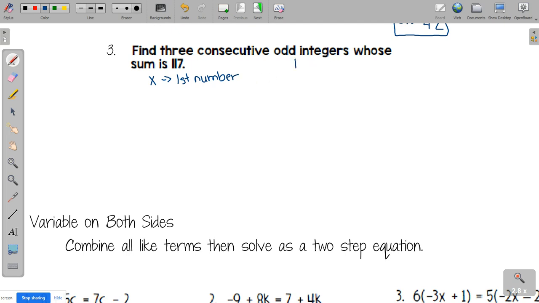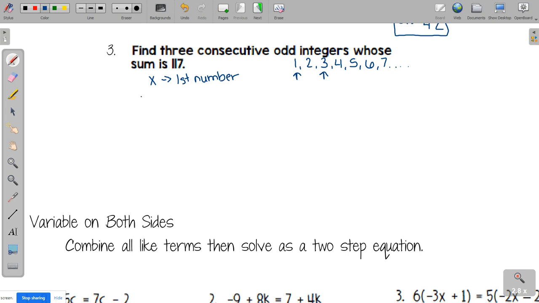So, if we have numbers 1, 2, 3, 4, 5, 6, 7, and it's continuing on. So if we start with 1, the next odd number is 3. So to get there, we start with 1, I'm sorry, you have to add 2 to get to the next, which is 3.